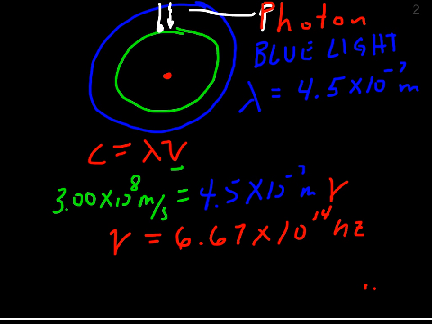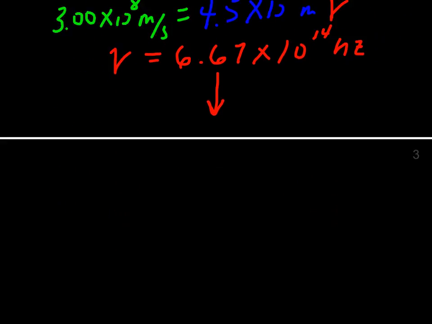Electromagnetic radiation has very short wavelengths and is going at a very high frequency. So that's part of this. Now I'm going to take that number and continue it to the next page, and use E equals h nu.